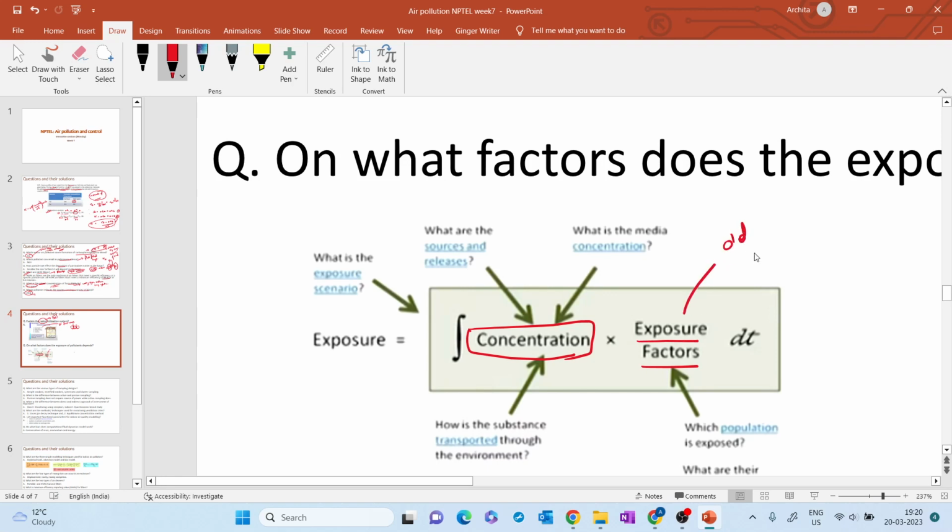So only old people are getting affected, or children are getting affected, or the population is mixed, or, for example, different economies are affected. For example, rich people are getting affected, or the poor people or the below poverty line people are getting affected. So you need to understand the exposure factor of a particular pollutant.